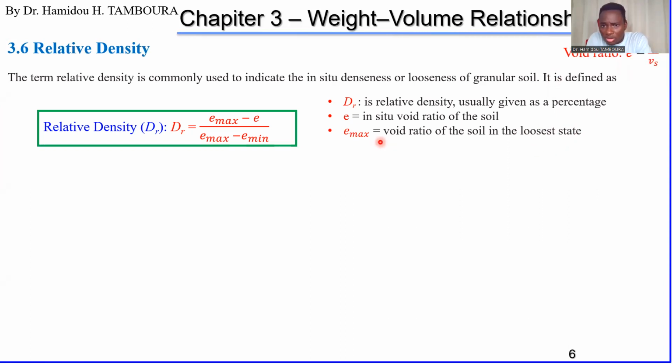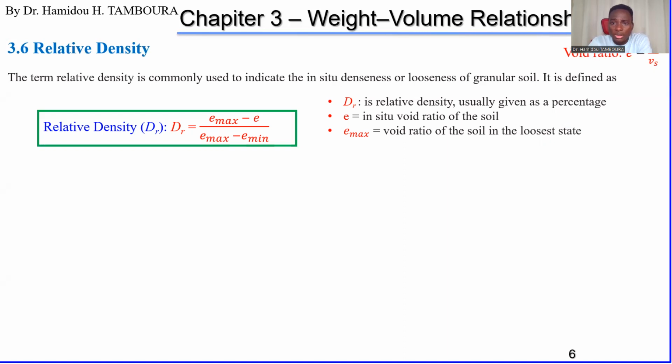Look at this formula: void ratio e is the volume of void divided by the volume of solid particles. So if the volume of the void is high, the void ratio will also be high. A big e max means the soil has a big portion of its volume made of void.